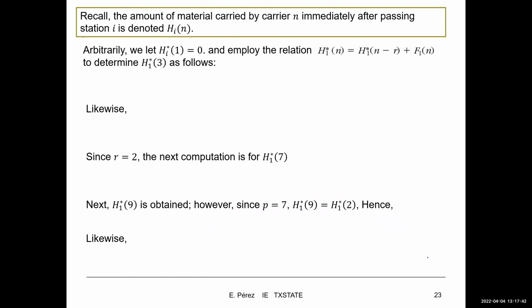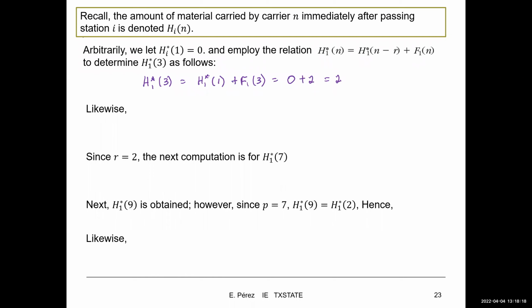So following the same strategy, we have this one. That's the one that we computed in the previous slide. H1 star of 3 equals H1 star of 1 plus F1 of 3, and this is equal to 0 plus 2, which is equal to 2.